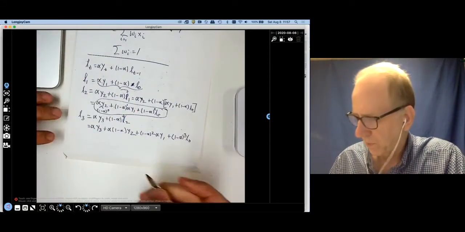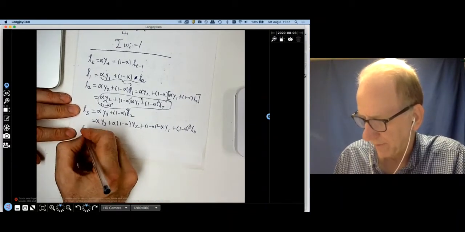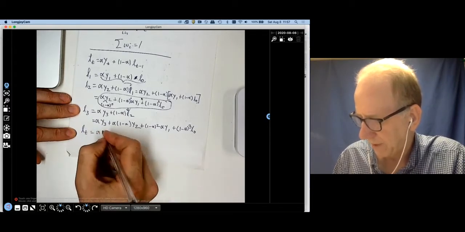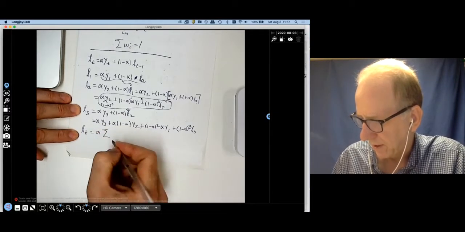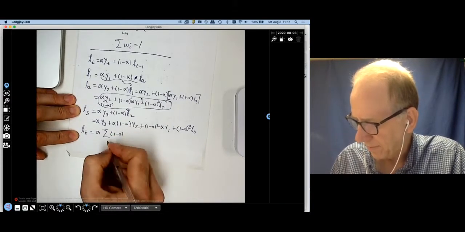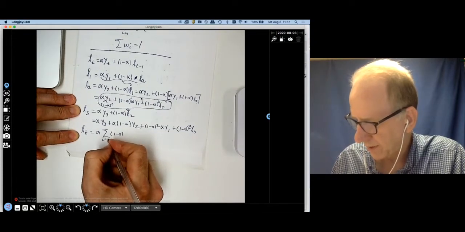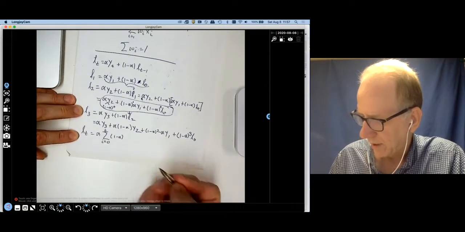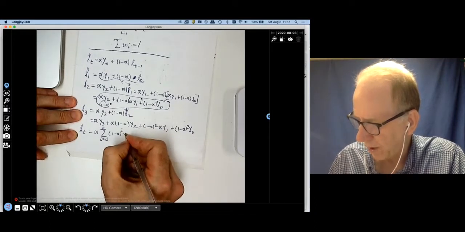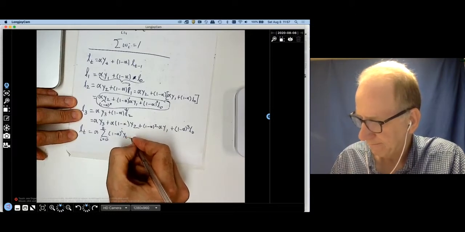And so what I'm trying to get at is, my level at time t is going to be some alpha times the sum, we're going to have a 1 minus alpha, i equals 0 to t, 1 minus alpha to the i times y sub t minus i.